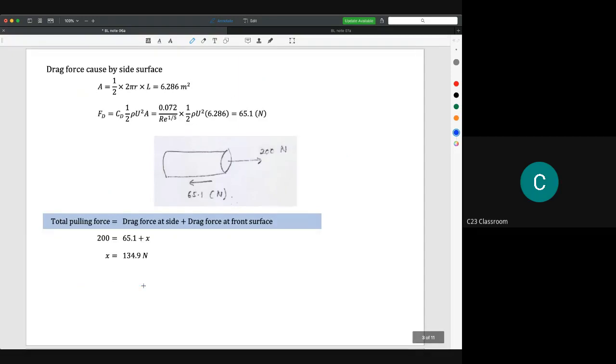So the drag force can be calculated by using this equation. So we have a drag force equal to CD 1/2 rho u square A. So A here is the cross-sectional area. A is actually the area that reacts with the shear force, where the shear force acts on a surface. So here we have a timber.